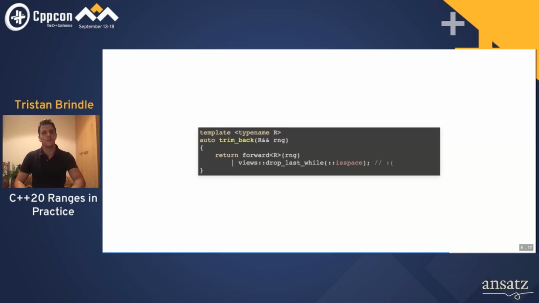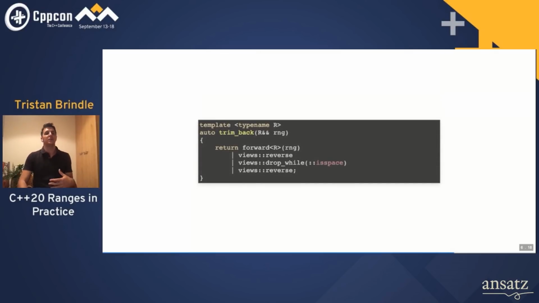So rather than using DropLastWhile view that doesn't exist, we're going to take our range, reverse it, drop from what is now the front, and then reverse it again. So this is pretty cool, I think. This is building up an operation pipeline to trim from the back by reversing.